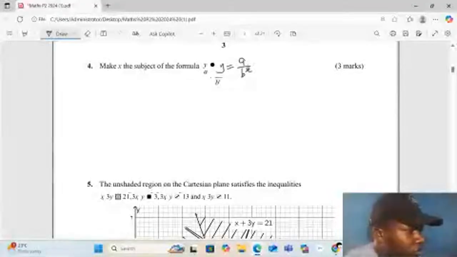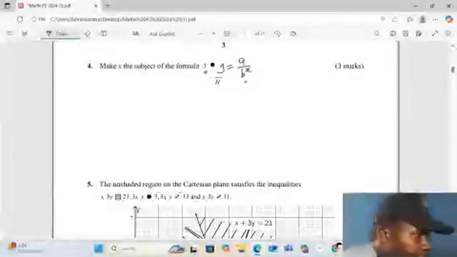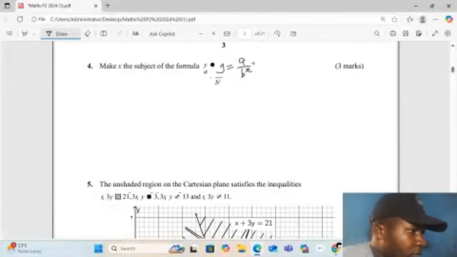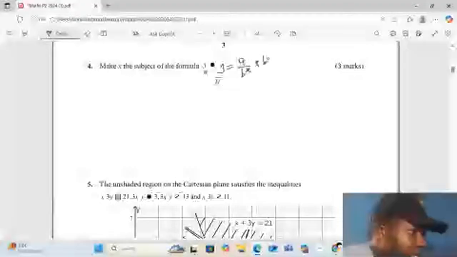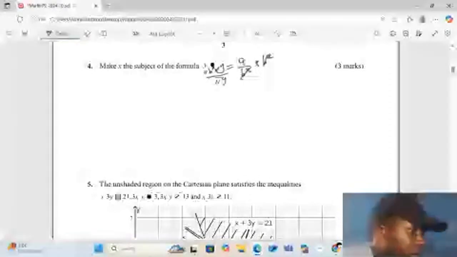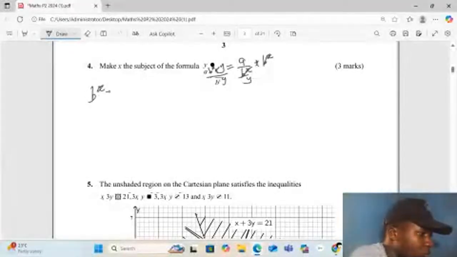To make this easy, they want you to make x the subject of the formula, and x is attached to b. Therefore, we can multiply both sides by b power x so that this one cancels out. Then divide by y. So we are going to have b power x equal to a over y.